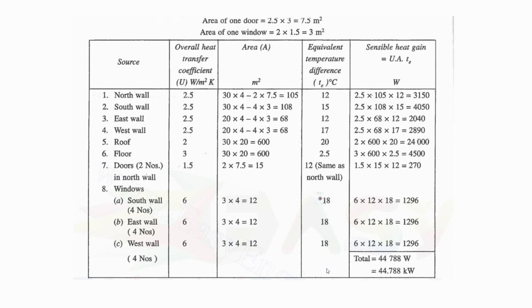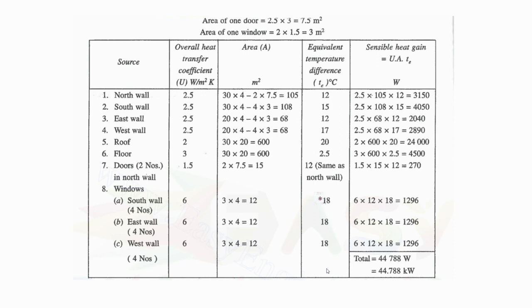Now here we have to draw one table in which we have to calculate the heat of each component or element in the room. So now here the sources are north wall, south wall, east wall, west wall, roof, floor, doors, windows.